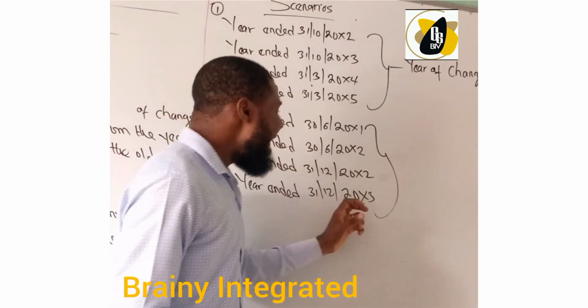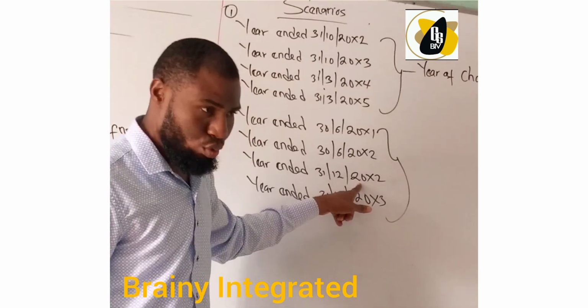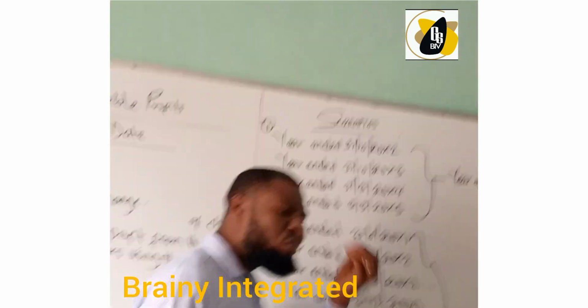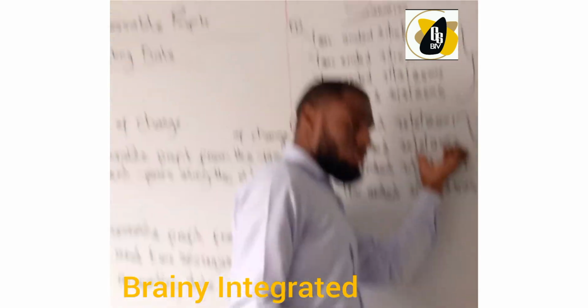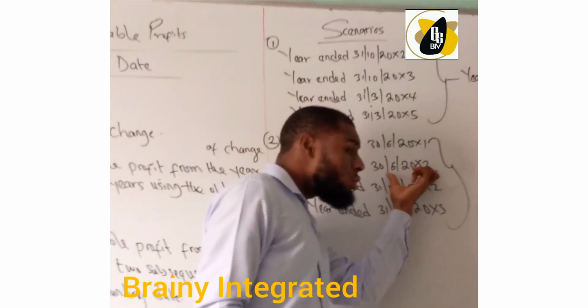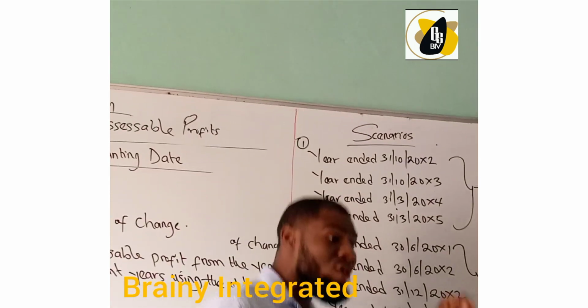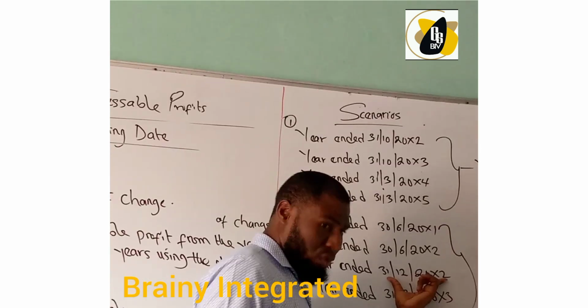So the year of change here is not 20x2 in this scenario. Do you know why? Because we have already found a year that the taxpayer made up accounts up to 20x2. So we cannot say that 20x2 is the year of change. This is just like an additional year end they gave to us.